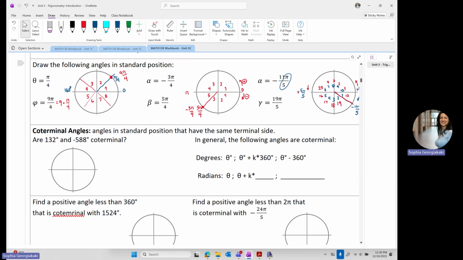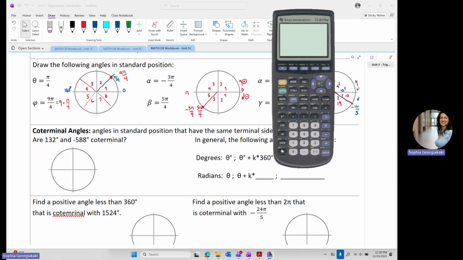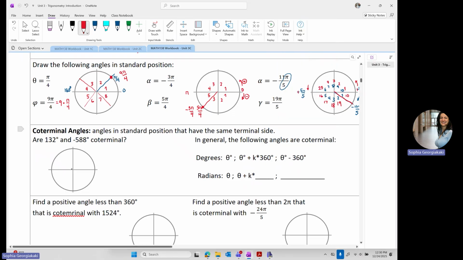So we use our calculator here with degrees. Degrees are very difficult to work with, even though they are very easy to imagine, right? Because I know, for example, that 132 degrees is somewhere here. And the question is, where is negative 588?